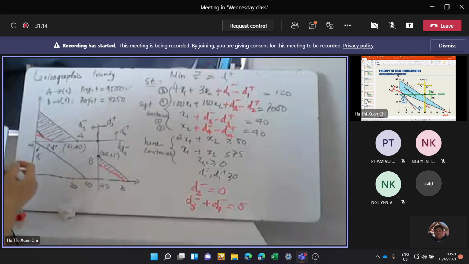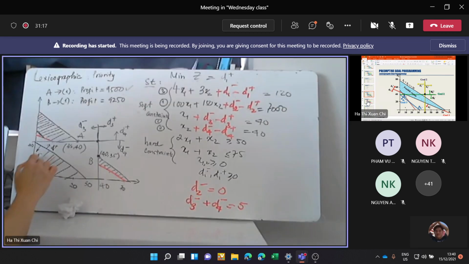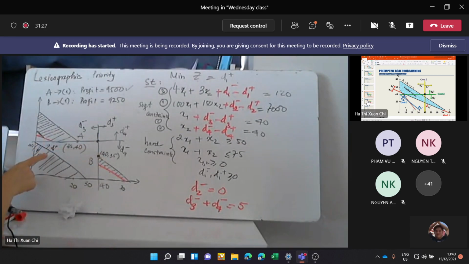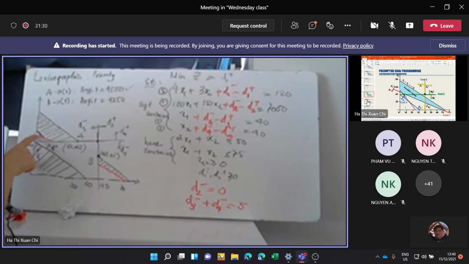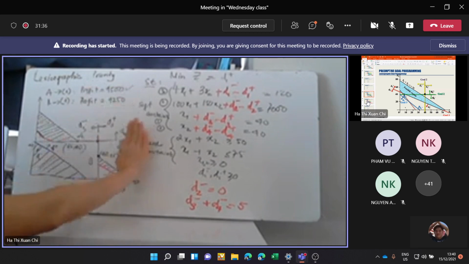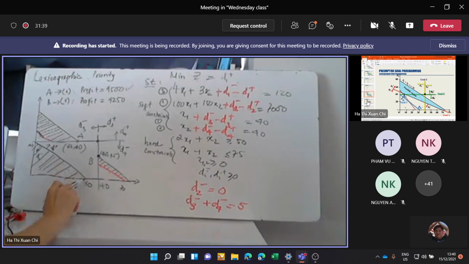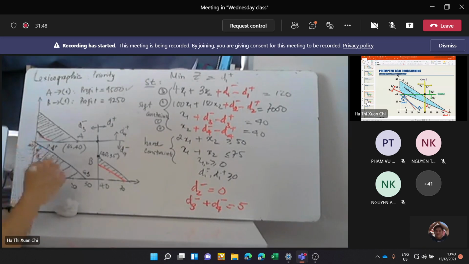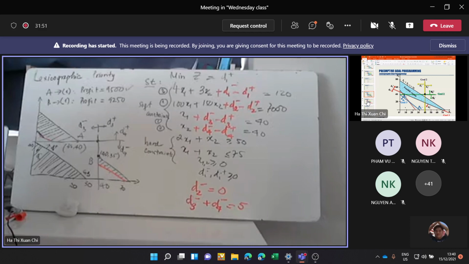If we take that size, we don't have any feasible region, right? We eliminate all, so it cannot satisfy goal 3, because no more than is this size.